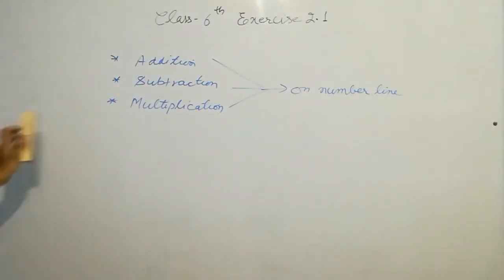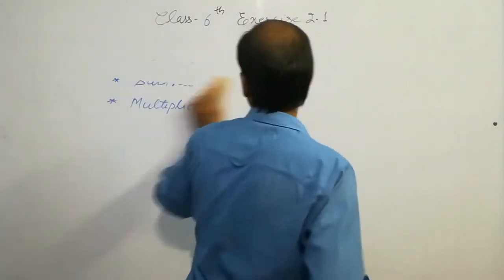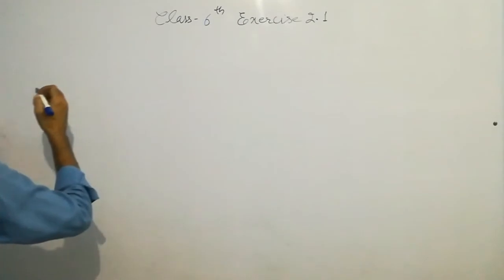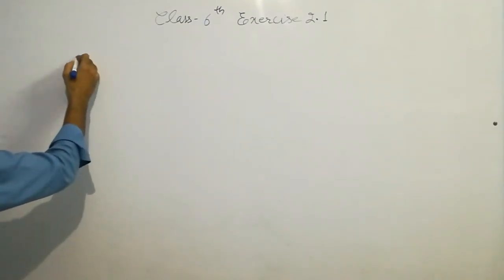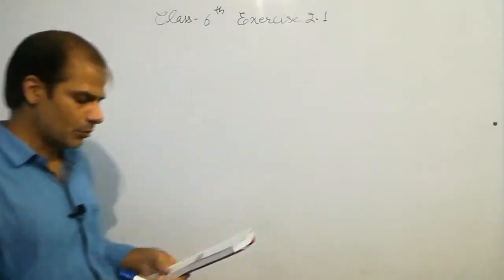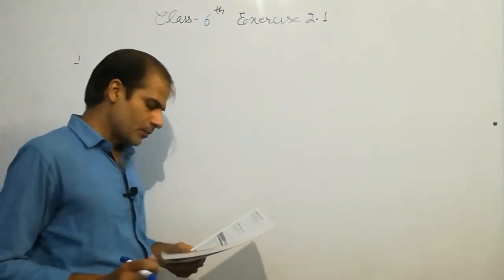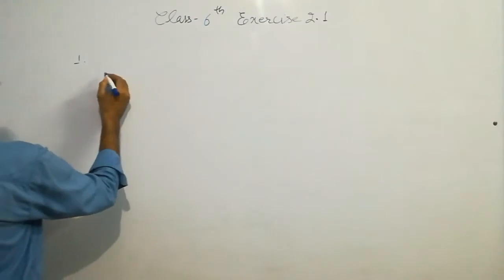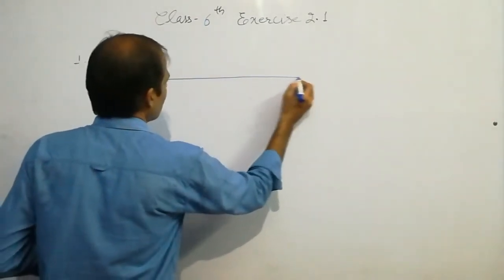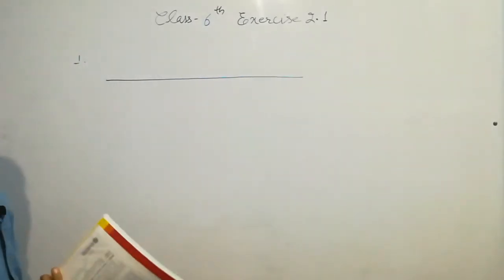So let's continue. There are total 6 questions and we will complete this exercise in this video. First is represent the following numbers on the number line. Now there are 6 numbers, so I will tell you. You have to draw a number line using a ruler and pencil.